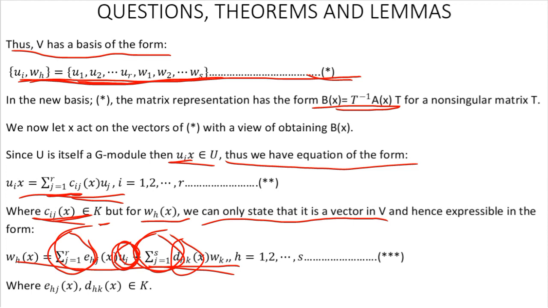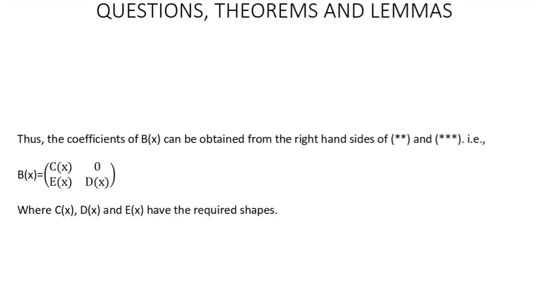With that said, we now know what Ux will look like and what Wx will look like, noting that one sum runs from i to r and the other from j to s, because when you add r plus s, it gives us a total of M vectors in V. So let me go back, because we're now going to look at them.